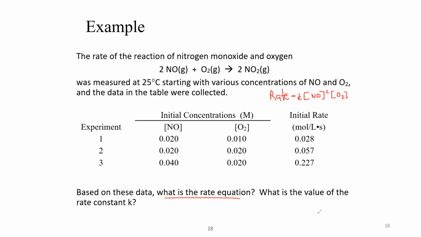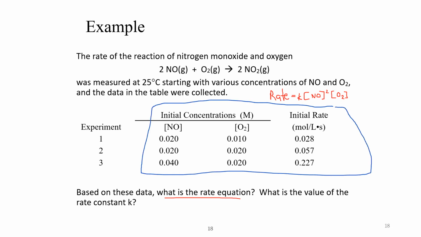But now if we want to actually figure out the rate constant itself, what we need to do is look at the information we have. We've got the rate, the rate constant, concentration of NO, concentration of O2. And now if we look at this table, we've got the rate, we've got the concentration of each of those.